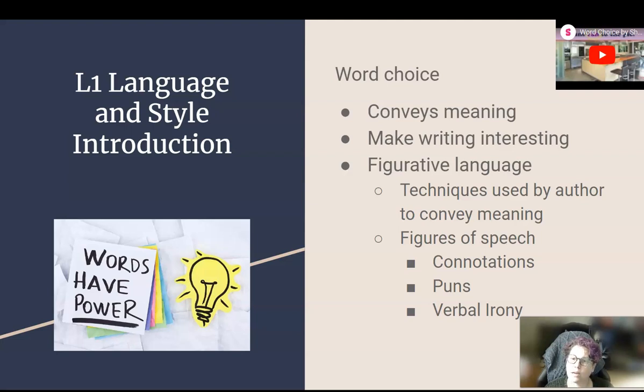So we're going to start talking about figurative language, figures of speech such as connotations, denotations, puns, verbal irony. We'll talk about allusions and some other ones, but let's just go ahead and watch a very quick video about word choice from Schmoop.